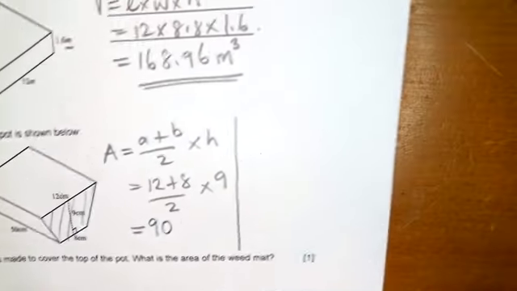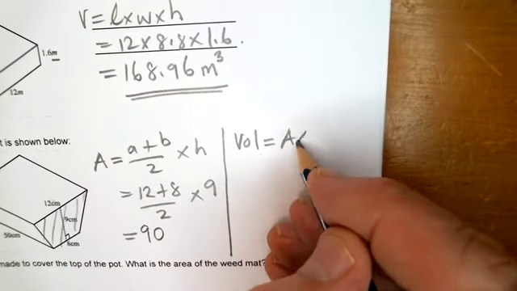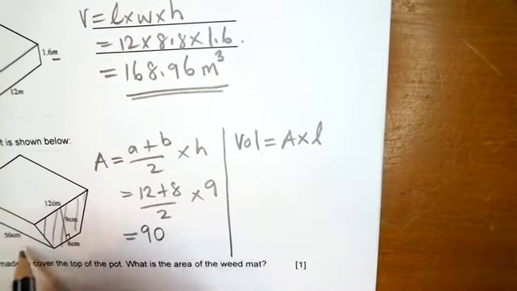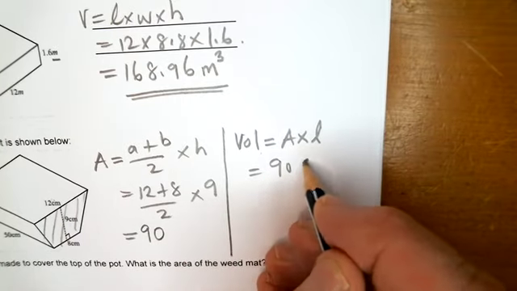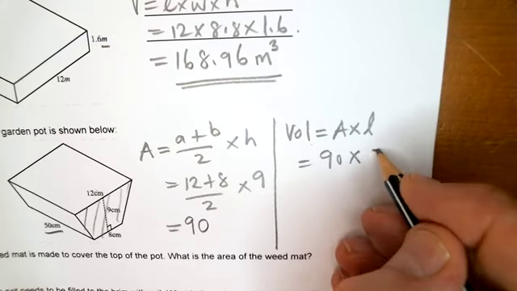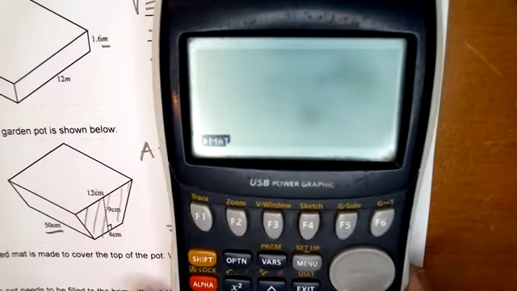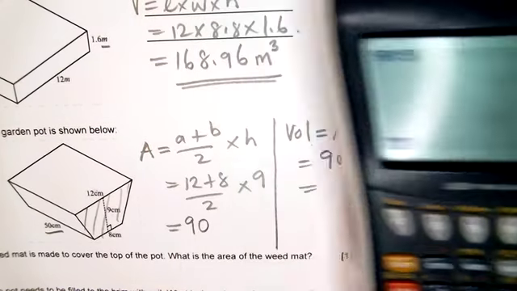Okay. So the volume is equal to area times length, or times width, or this bit here. So I'm going to go 90 times, there's my 50 there, so 90 times 50 is equal to, let's have a look at that, 9 5s are 45, so we've got 4,500.